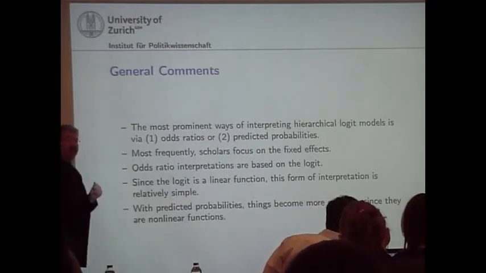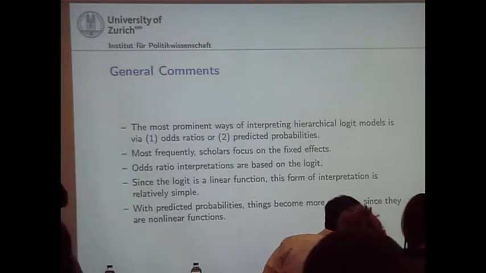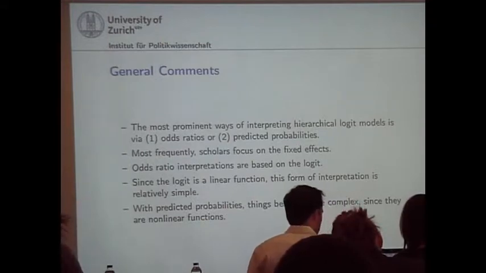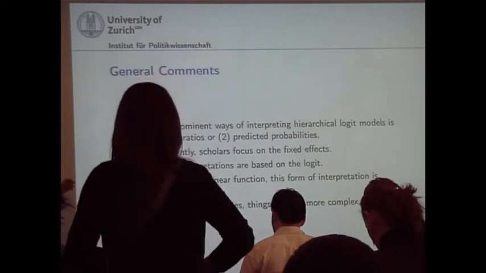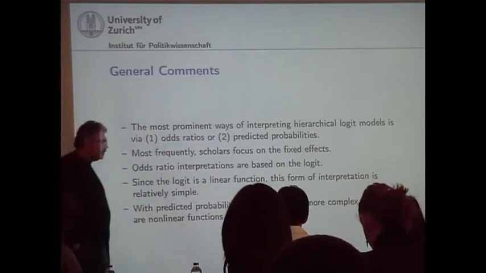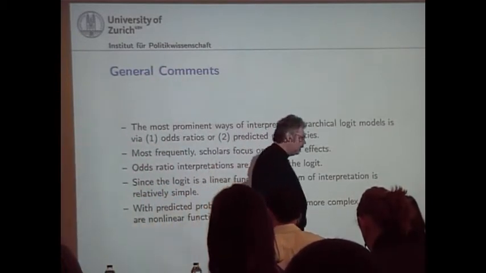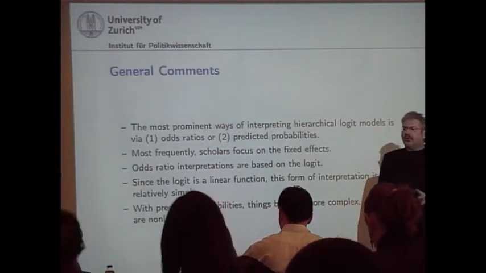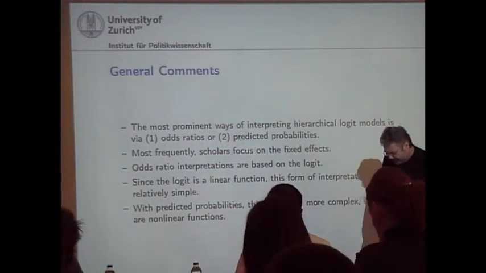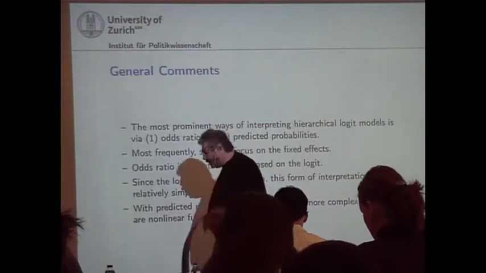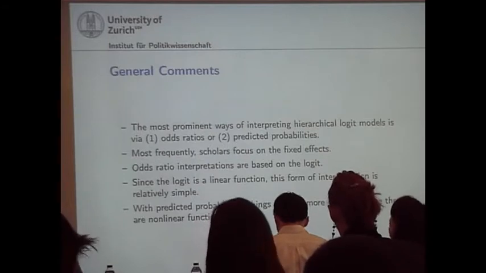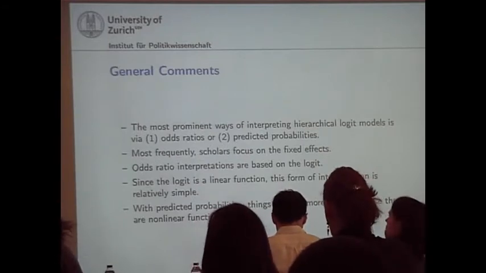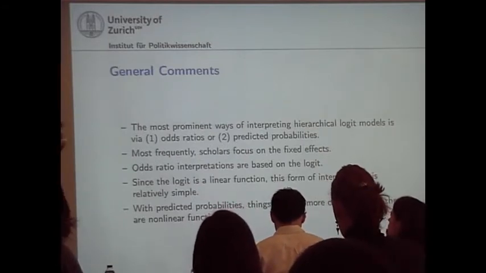Again, most frequently, scholars really do this with fixed effects interpretation. And that makes things a little easier because you don't have to worry about these empirical based residuals. And in fact, until GLAM came around, it was actually extremely difficult to do anything else but fixed effects interpretation.